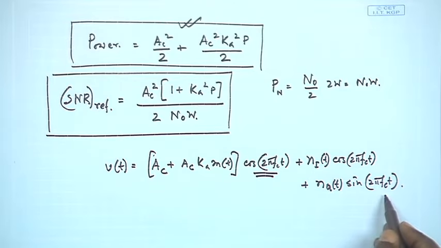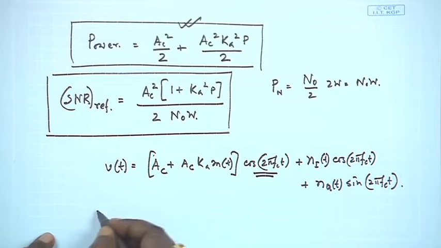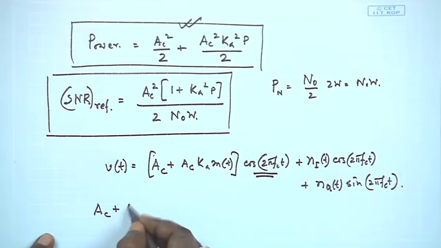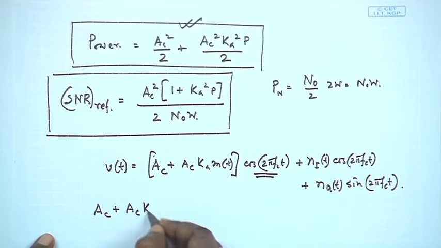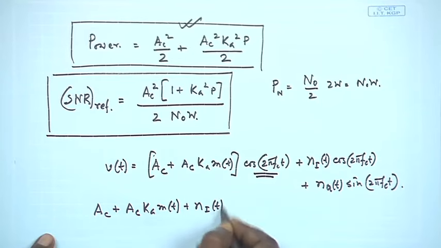We know how to calculate the envelope, that should be the square root of the coefficient of cos squared plus the coefficient of sin squared. We have already derived this part. So, let us see what the coefficient of cos is. The coefficient of cos is Ac Ka m(t) plus Ni(t), right.